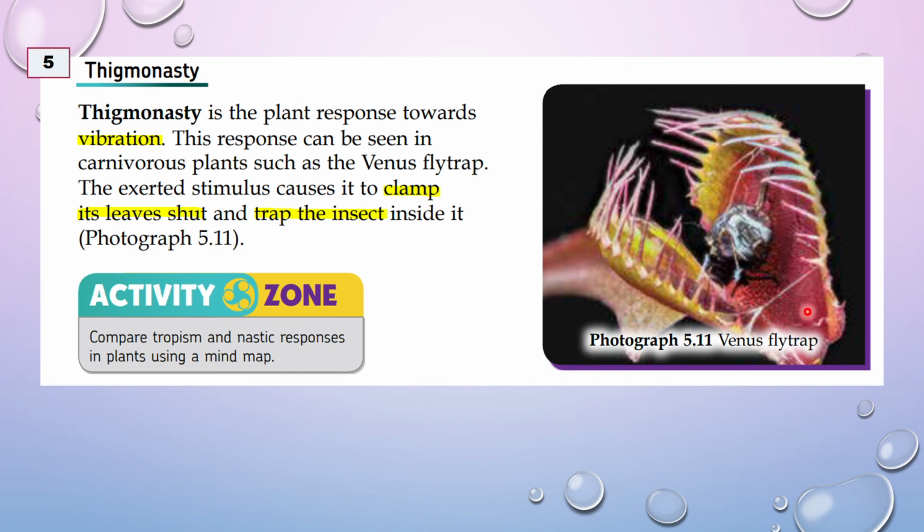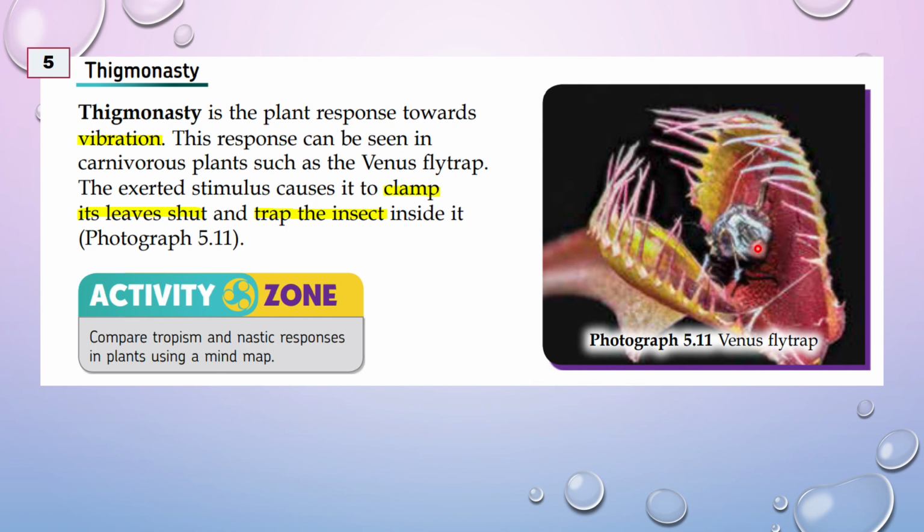The example here is the Venus flytrap. This is a carnivorous plant, where the exerted stimulus, for example an insect flying very nearby to this plant, is detected as vibration. What's going to happen is that it's going to clamp shut its leaves and therefore is able to trap the insect within it.